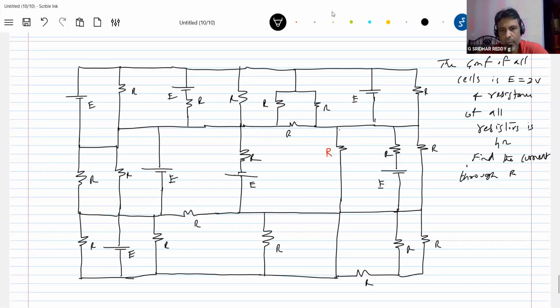Find the current through the red colored branch. I'm indicating the color. Or the branch, if you want, I'll write it AB, and the current through the resistor.